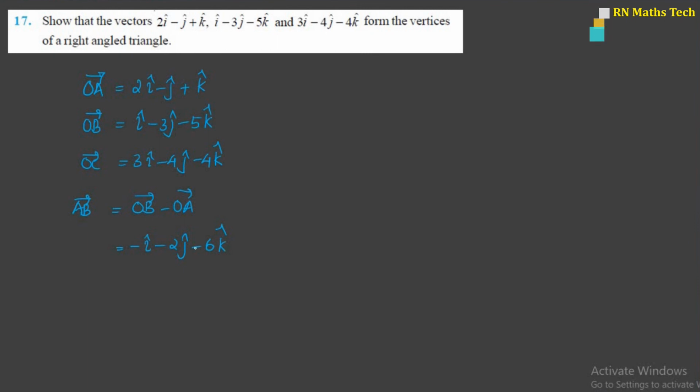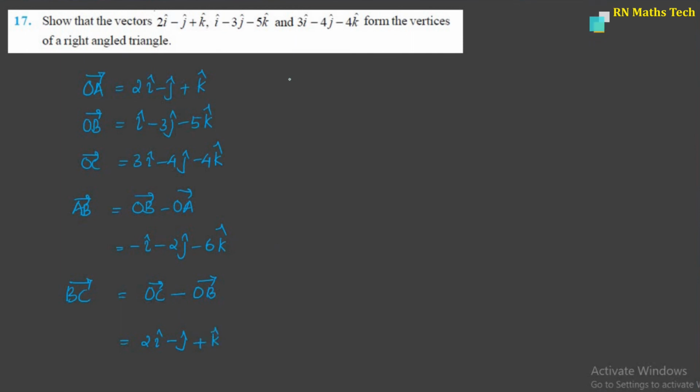Now vector BC is equal to, what is vector BC? OC minus OB, that's equal to 2i minus j plus k.